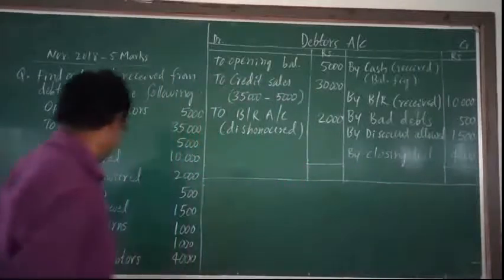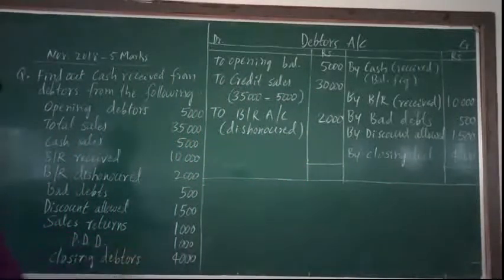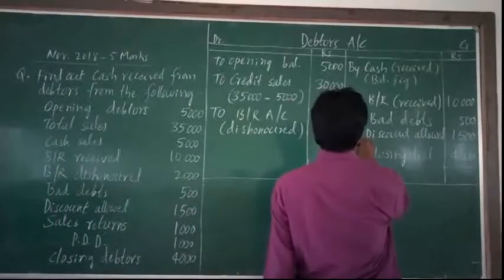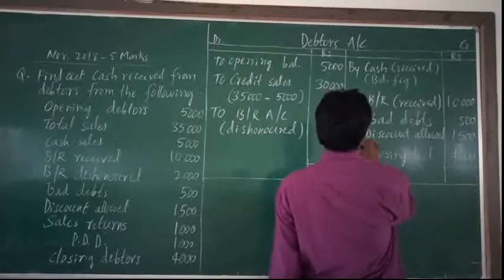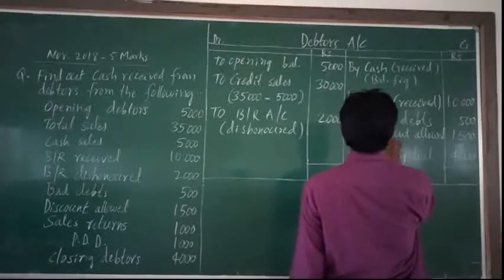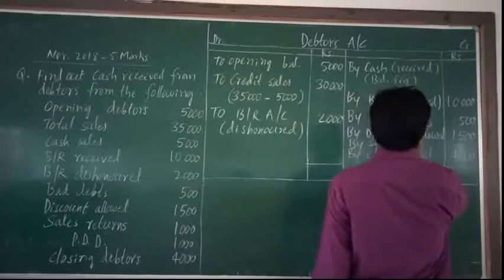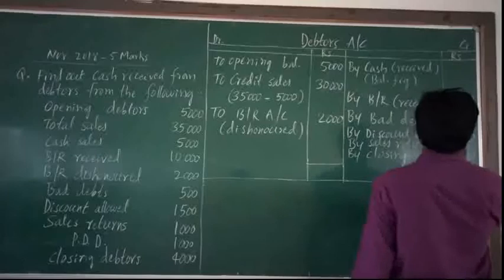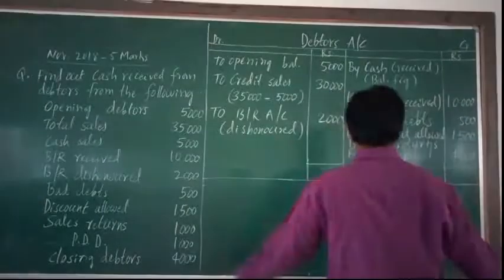Next item is sales returns, that is 1,000. This item is also entered on the credit side as by sales returns, that is 1,000.